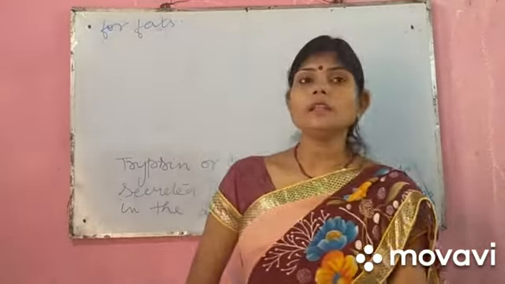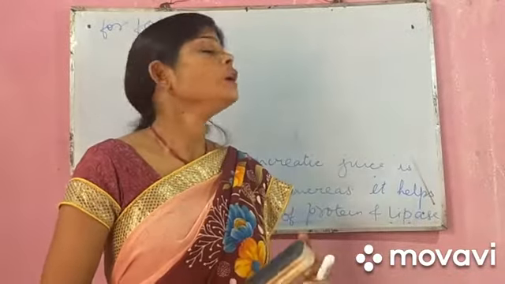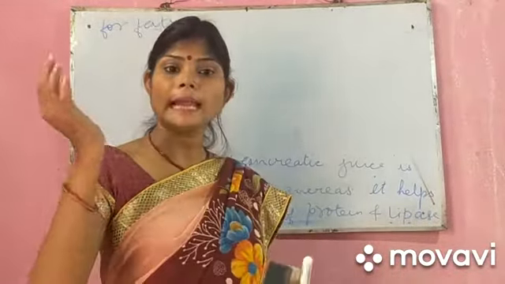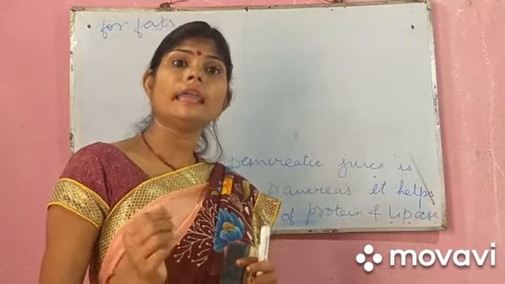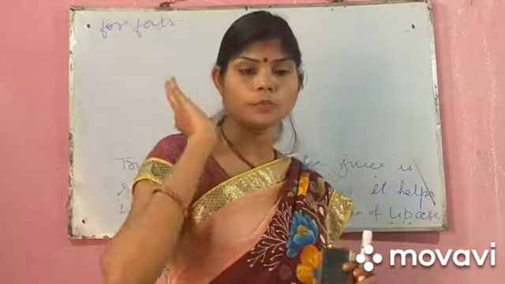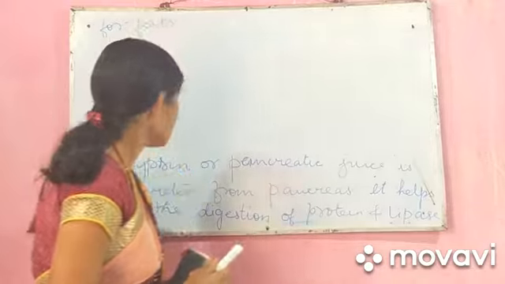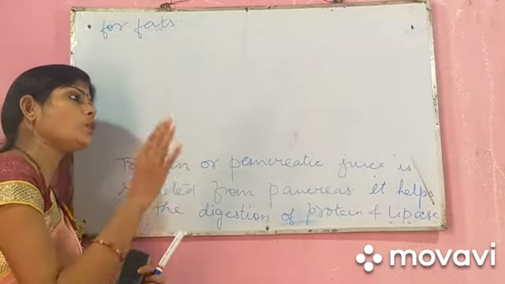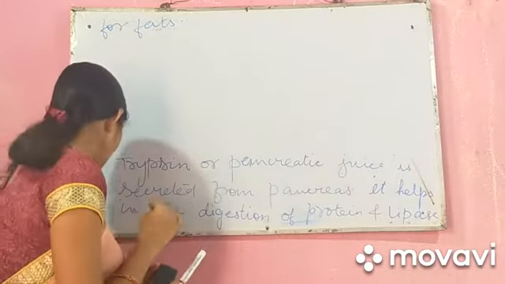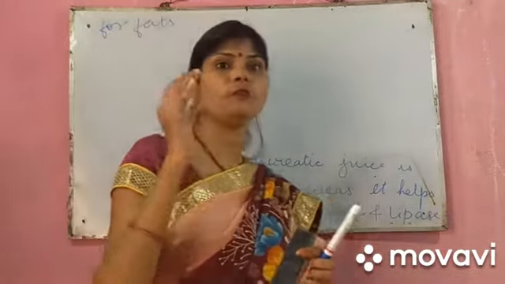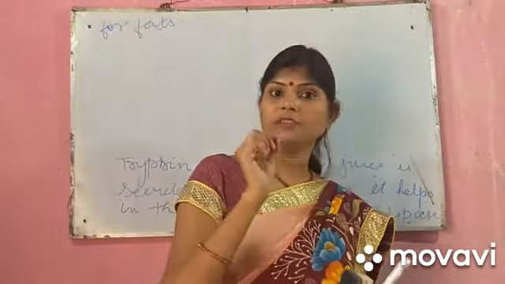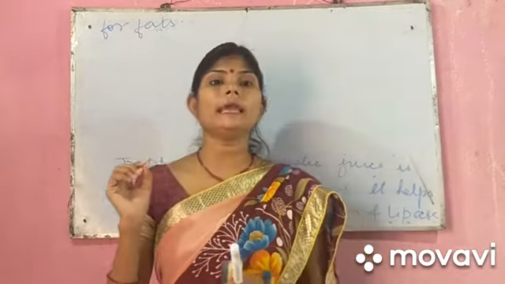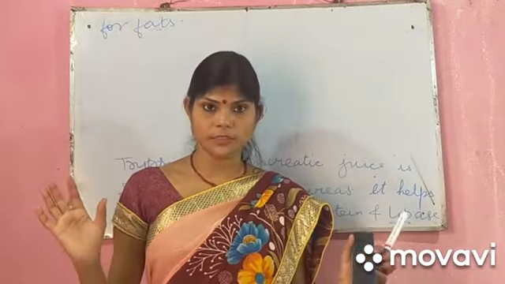Now this small intestine, what again will it do? It will break down the digested proteins again into more smaller forms. The digested protein will break down into smaller and smaller forms, and hence the smallest protein will be absorbed by the villi, which are finger-like projections present in the small intestine.